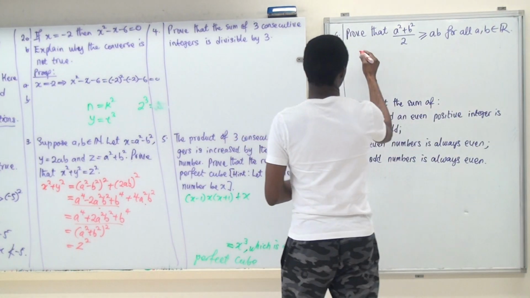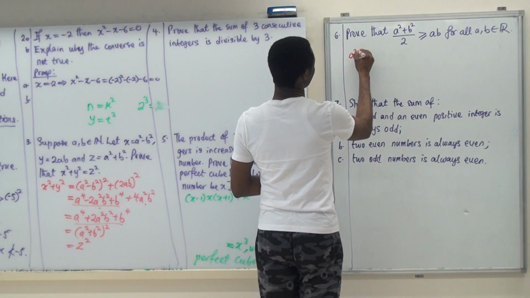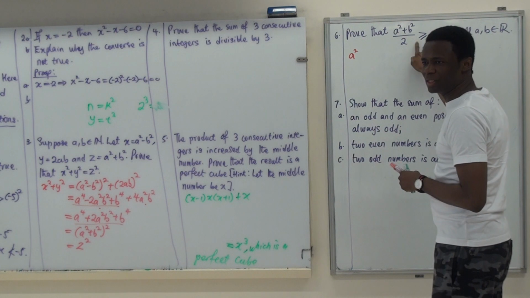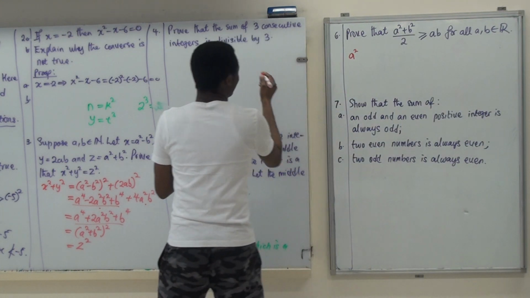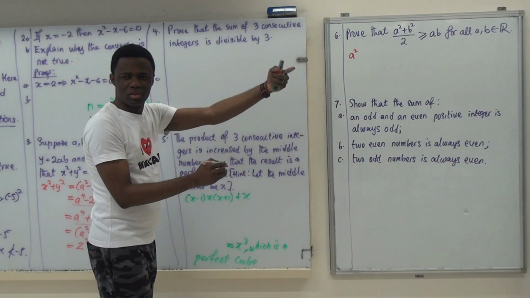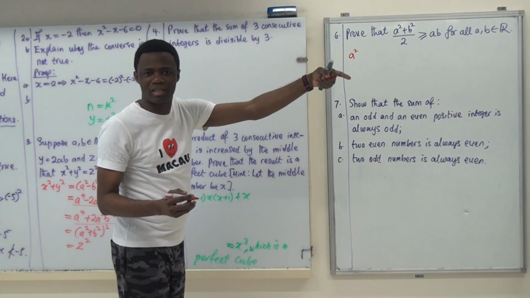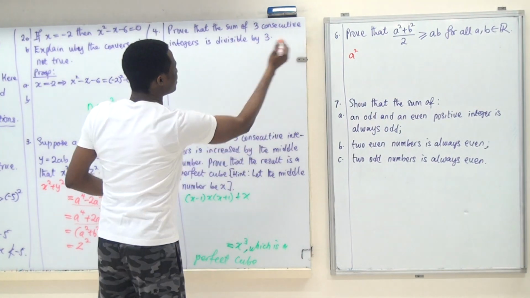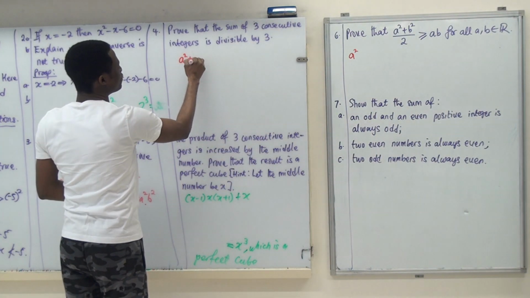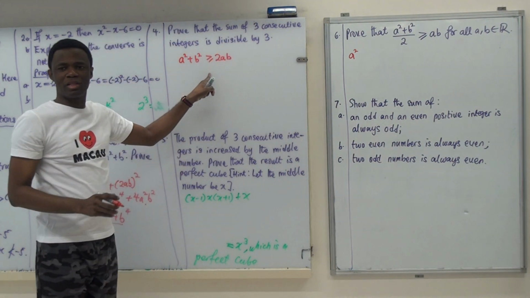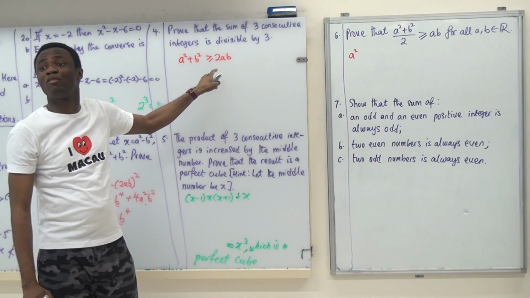So I'll start by saying a squared, or put it this way, if I want to get this, I can multiply both sides, right? I'm trying to do some reverse process to see what I need to get first. If I'm able to get this, Verna, make sure we are here, if I'm able to get this, then we are good, right? Then we can think of dividing both sides.